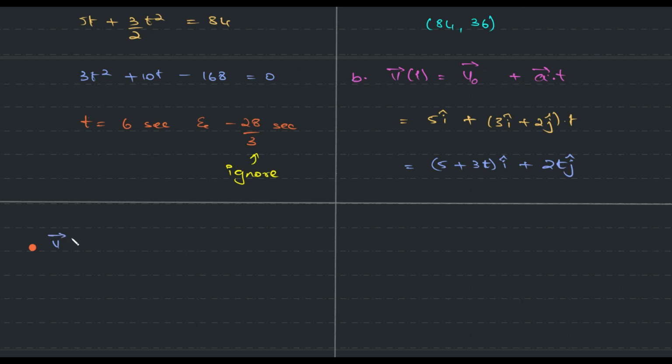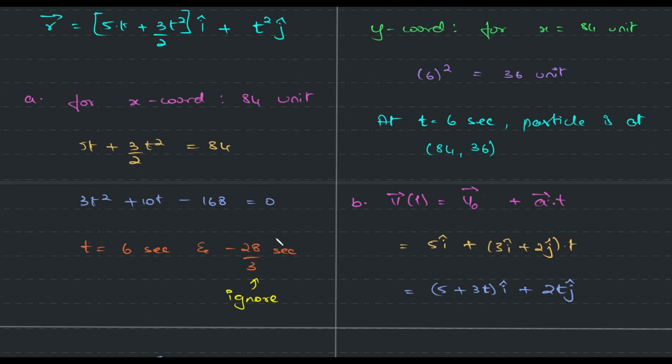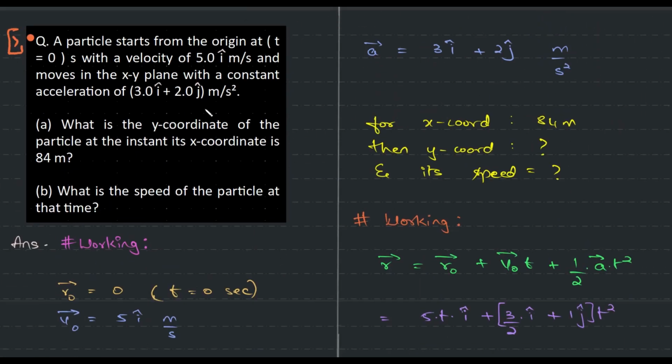So v of 6 is equal to 23 i cap plus 12 j cap. So the speed is square root of 23 square plus 12 square. That will be your speed, something meter per second. I hope everything is in meter per second. Yeah, correct.